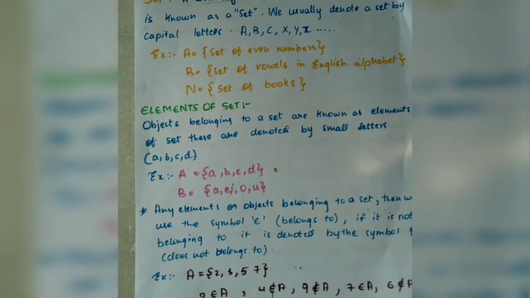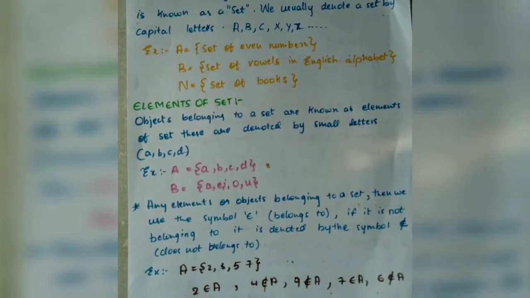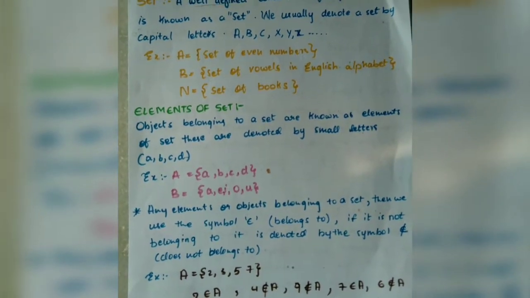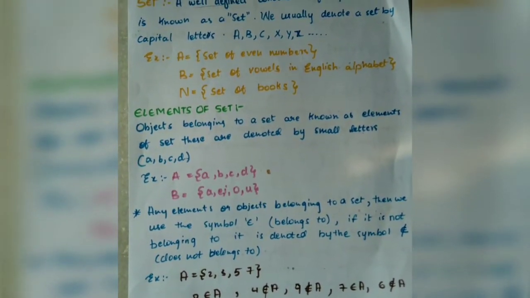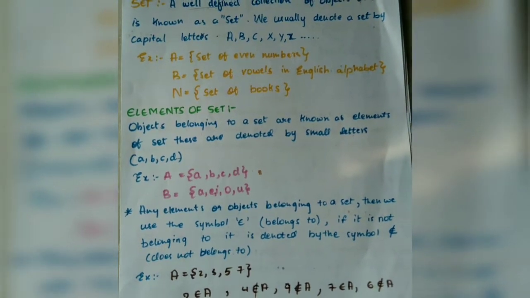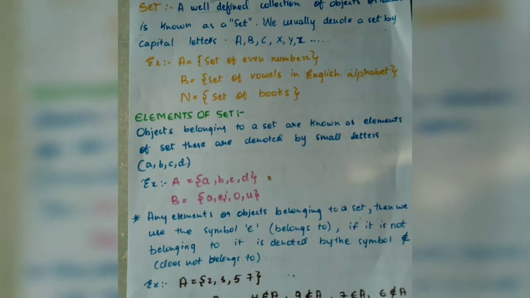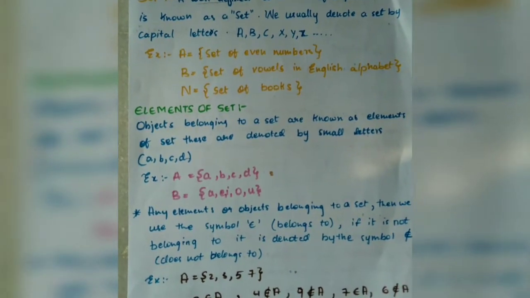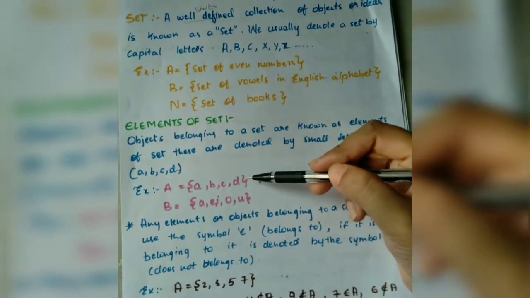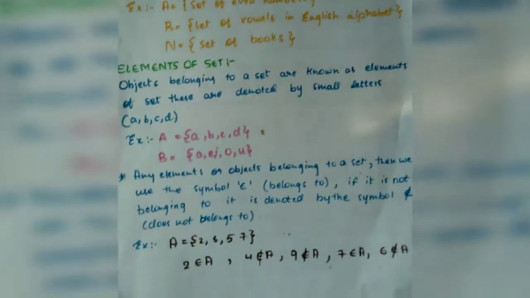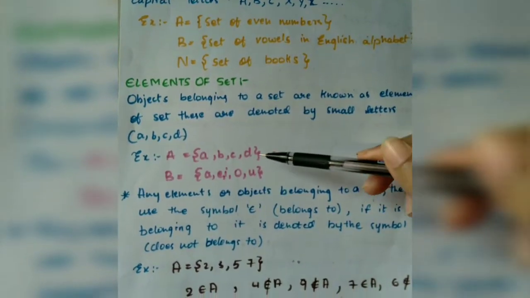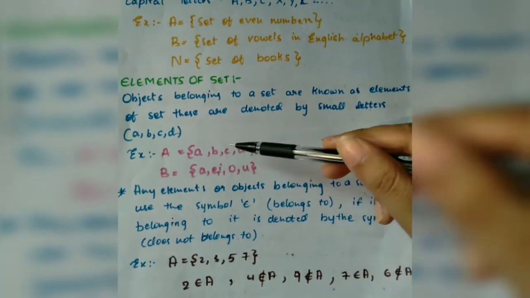If there is a set, then the things inside it are known as elements of this set. Each element is separated with commas. You can see here, each element is separated with commas.